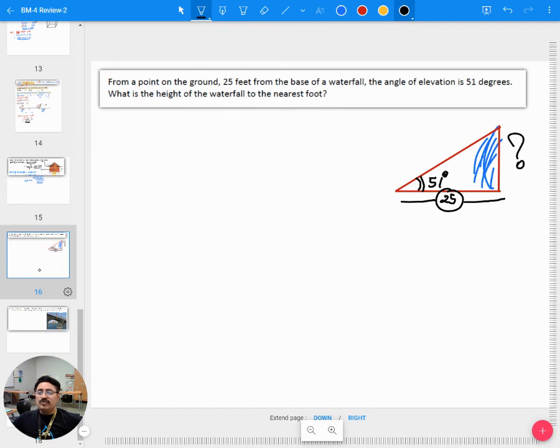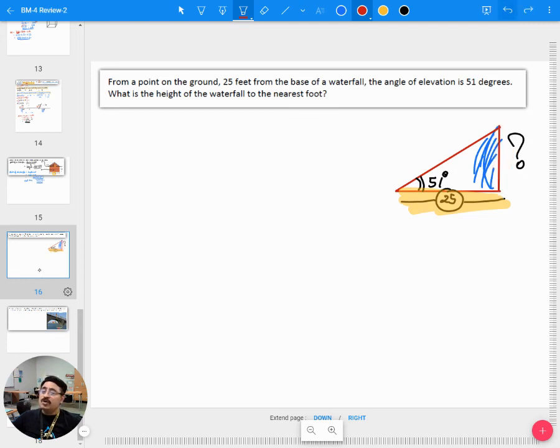Actually, this falls into trigonometry. The side next to the angle is called the adjacent side, and you are asked to find this one, which is the opposite side to the angle. So where do you find opposite and adjacent?